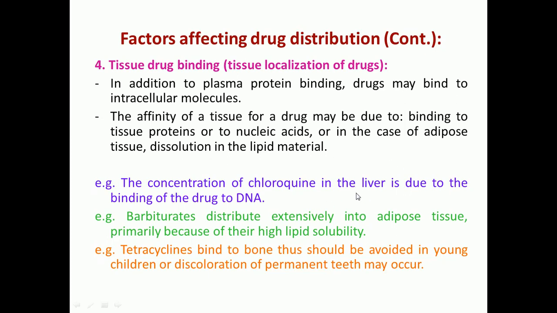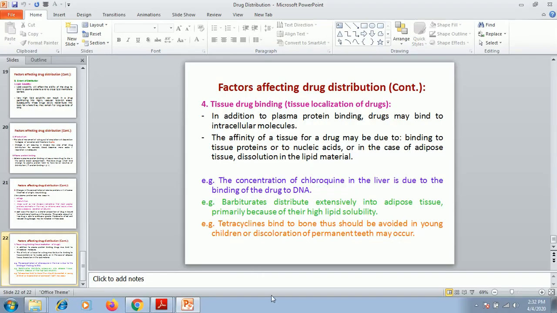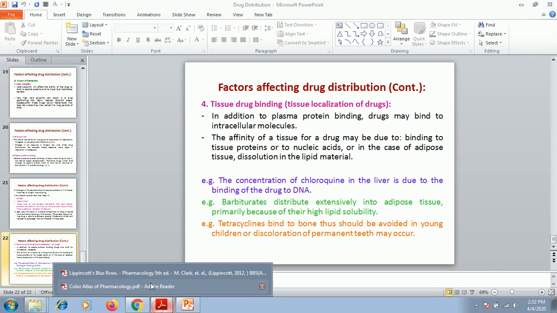So this is highly distributed to the liver, while barbiturates distribute extensively in adipose tissue because these are highly lipophilic or highly lipid soluble drugs. Tetracyclines bind to bone, so they should be avoided in young children. So these were the factors and the drug distribution patterns.